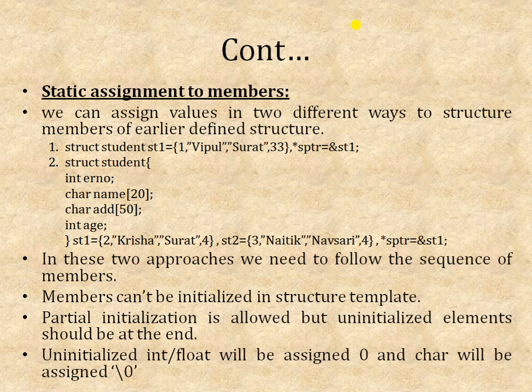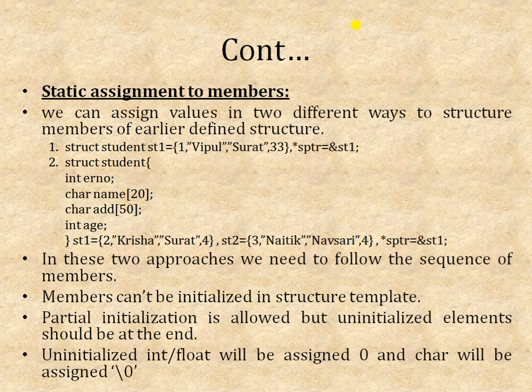Static assignment to members. We can assign values in two different ways to structure members of the earlier defined structure. Number one, either I can initialize the structure members like struct student st1 equals to the corresponding values of each structure member.